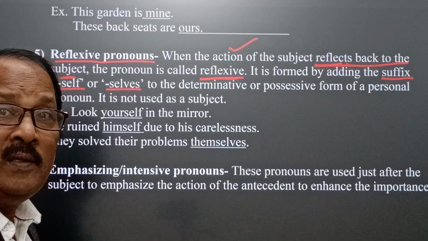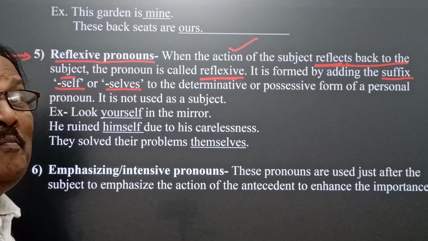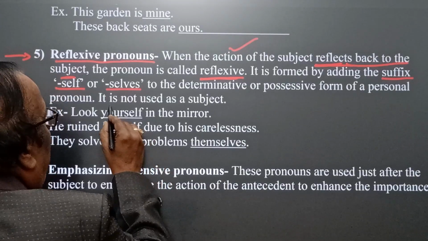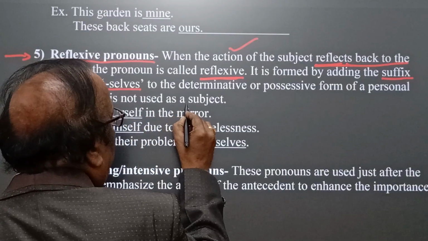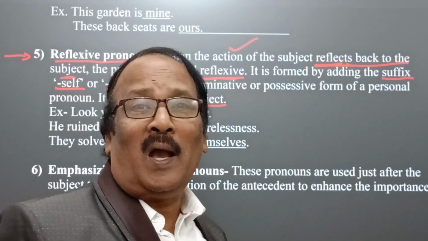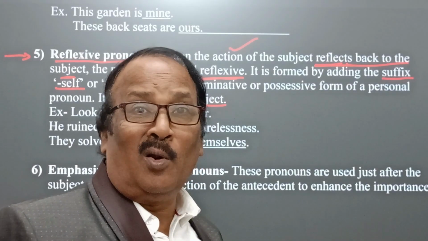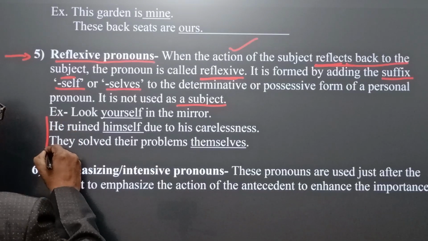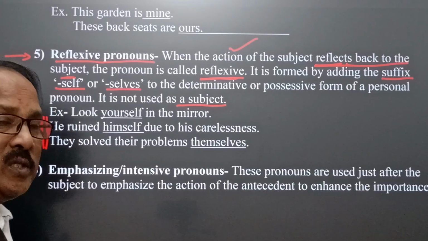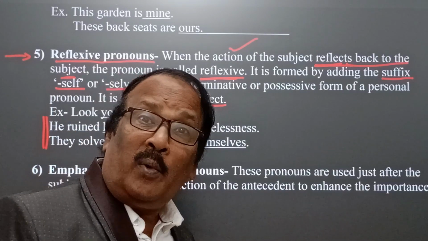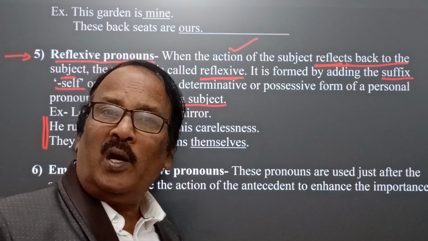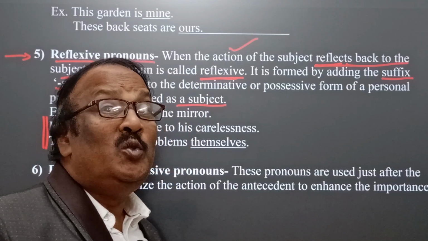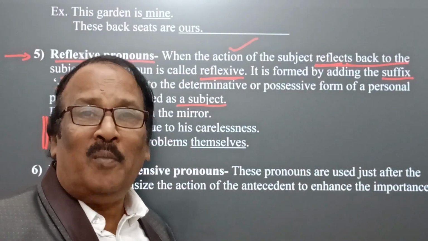You see, myself is not used as a subject. Myself has done this work. Wrong. I have done this work myself. Let's see some examples. Look yourself. Generally, the self forms are used either at the end or just after the main verb.